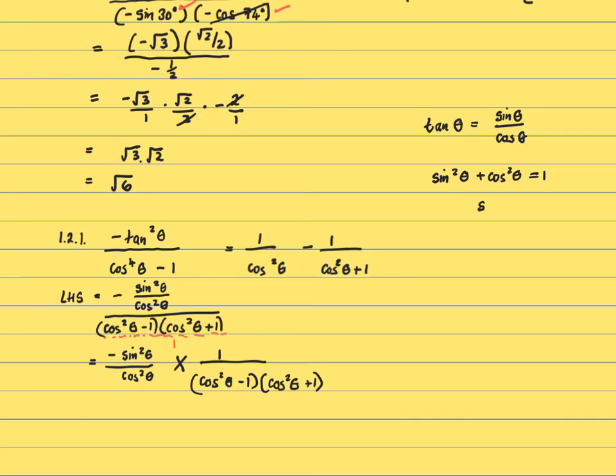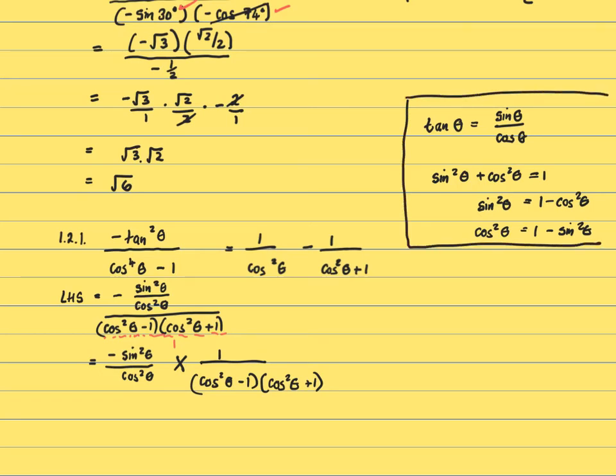Or from that you can say sine squared theta is equal to 1 minus cos squared theta, or cos squared theta is equal to 1 minus sine squared theta. Okay, and these we need to know off by heart and keep looking for where we can use them.